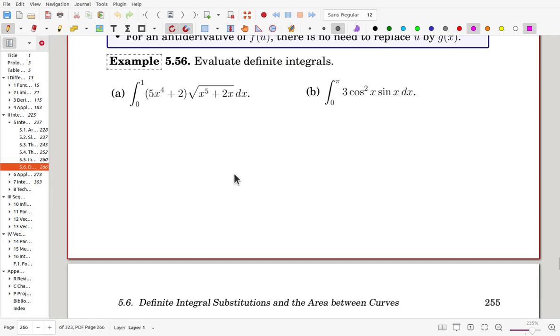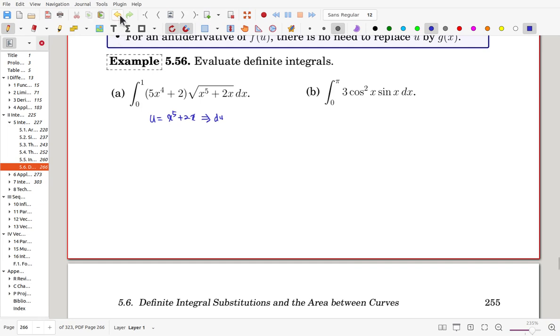Okay, here. Now apparently, if we use substitution for this portion, this group, then the problem will be changed to quite simple. Now u is x to the 5 plus 2x. Then du.